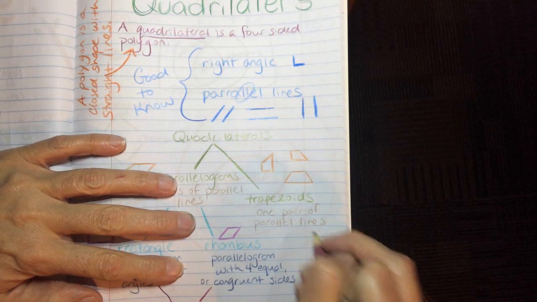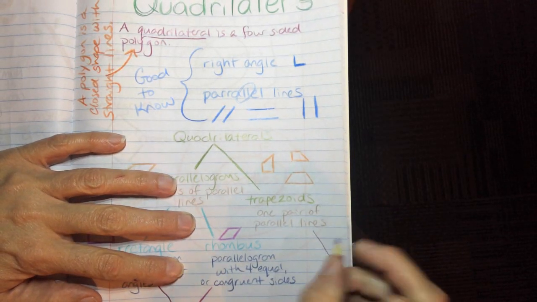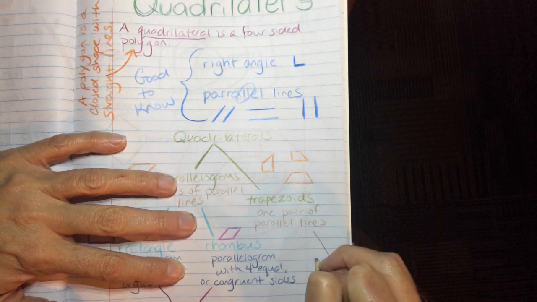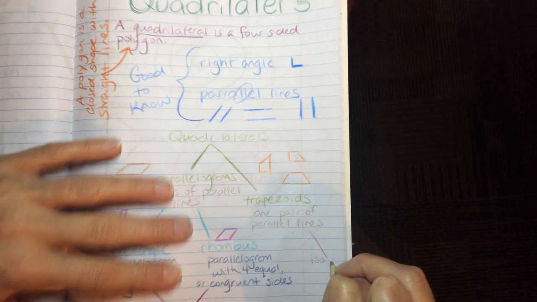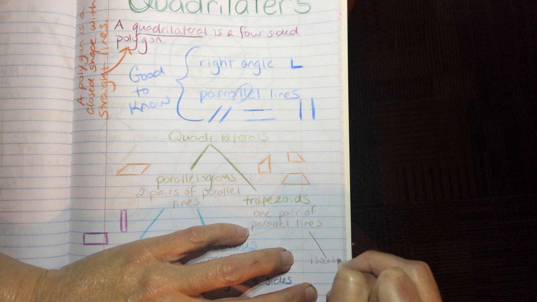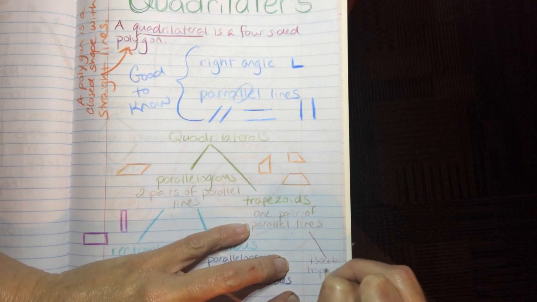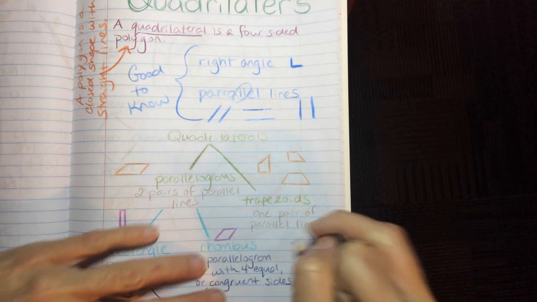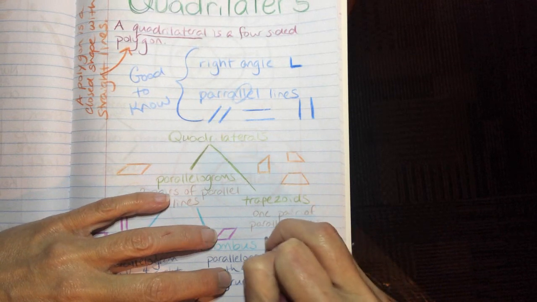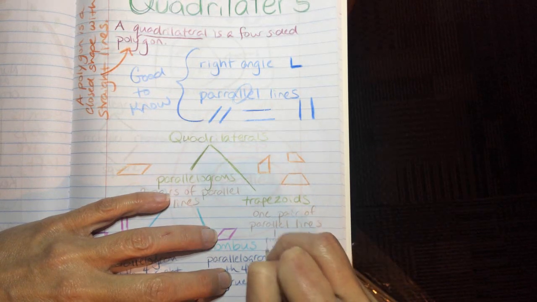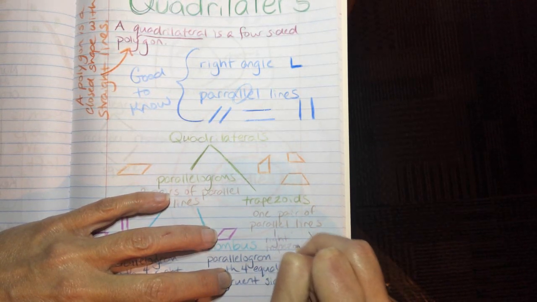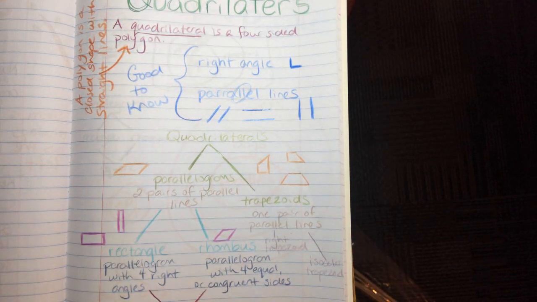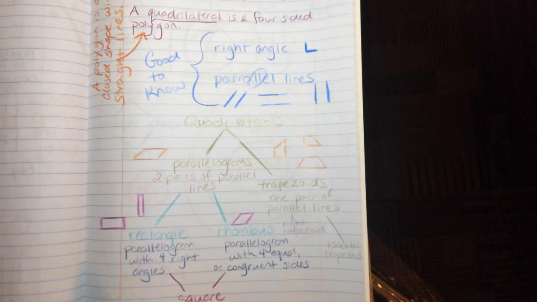What I want to do is talk about an isosceles trapezoid and a right trapezoid. And yes, I do see that I'm running out of room.